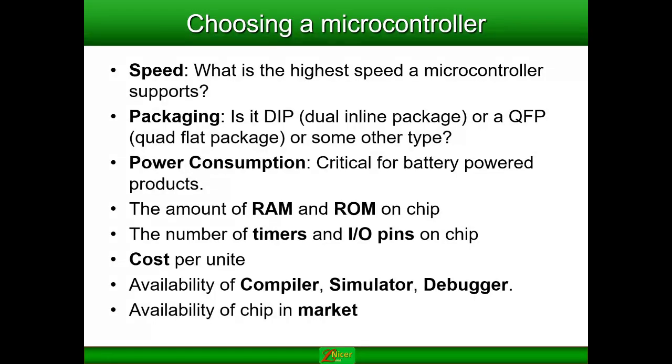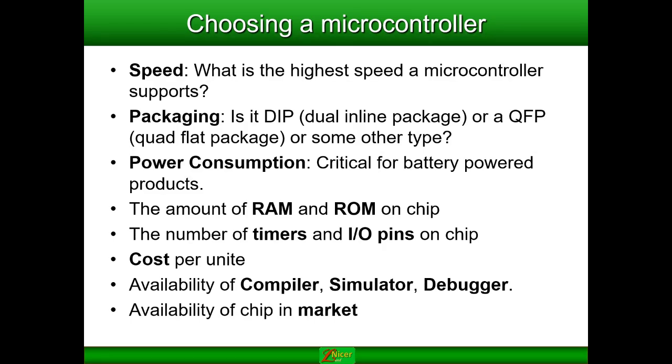The amount of RAM and ROM on chip, so of course this is very important for the processing, how much RAM and ROM is present on the chip. The number of timers and input output pins on chip. Of course, we need the timers and input output pins on our chip in order to communicate with it.